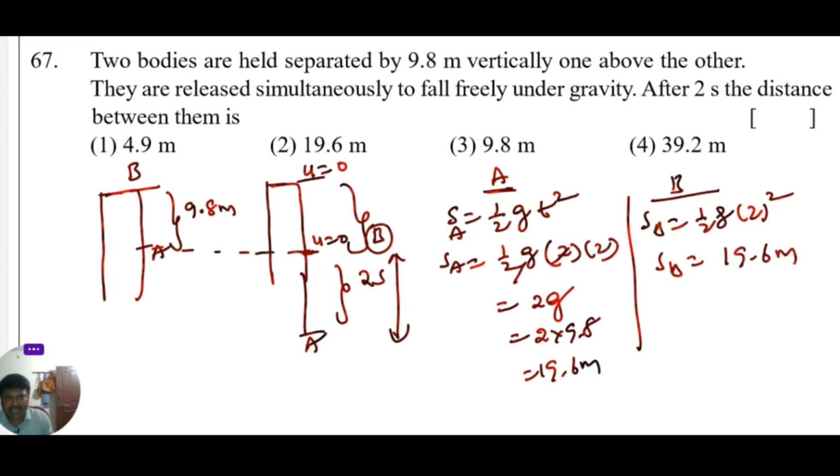That means B traveled from here to here 19.6 meter, A traveled from here to here 19.6 meter. How much distance A travels, same distance B also travels after 2 seconds. That means the distance between them is again 9.8 meter. So option 3 is the right answer. So 67th one, option 3 is the right answer.